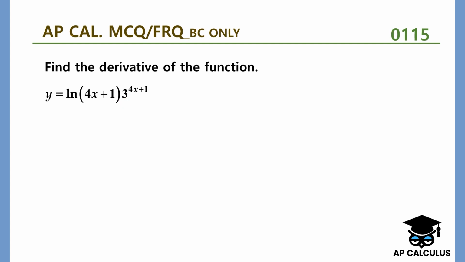So let's say we have the exponential function y is equal to base 3 to the x. Remember, the derivative of this is equal to 3 to the x times the derivative of the exponent, which is 1, and we have to multiply by natural log of this base 3. If this base is other than e, we always have to multiply by the natural log of this base.